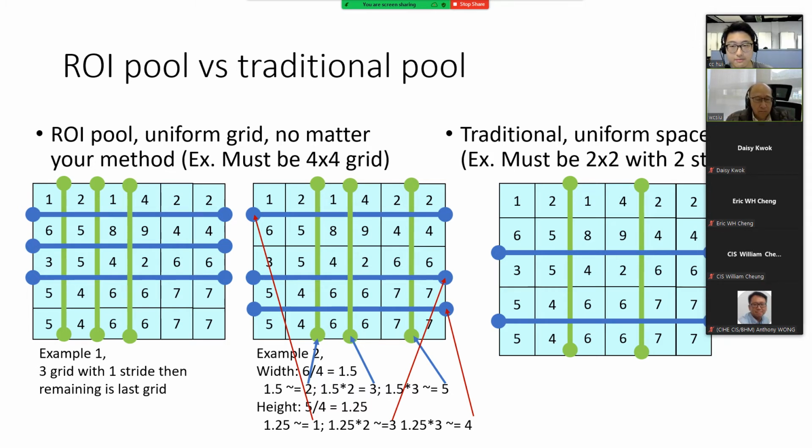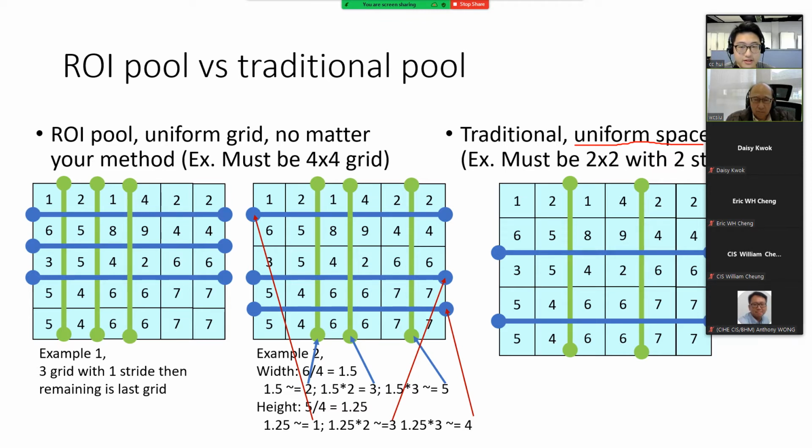Let's talk about the difference between ROI pooling and the traditional pooling. Traditional means max pool or average pool. Let's look at the right side first. The traditional pooling wants uniform space, which means the grid boxes will have the same size.